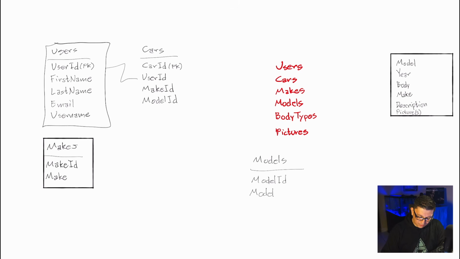You could call it model or model name, something that makes sense to you. But we know that this column in the database will hold the actual string for the model. So now these are connected. This is connected to this. Model is connected to this.